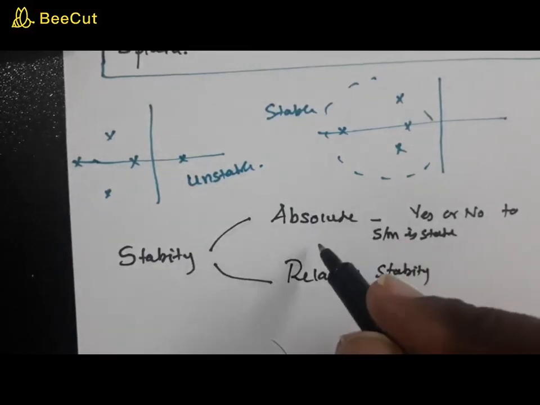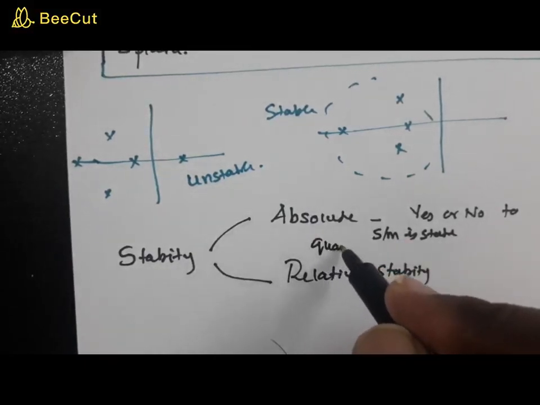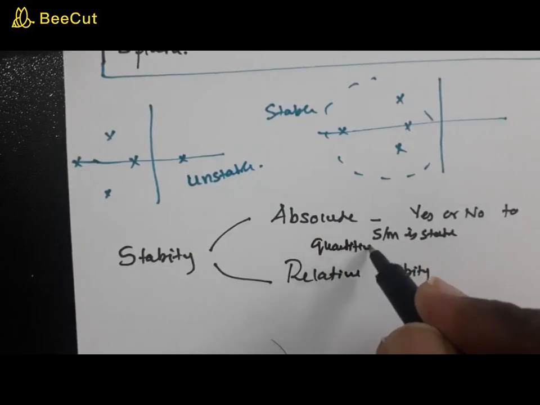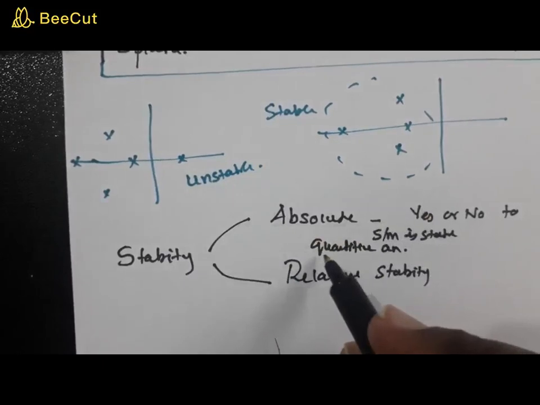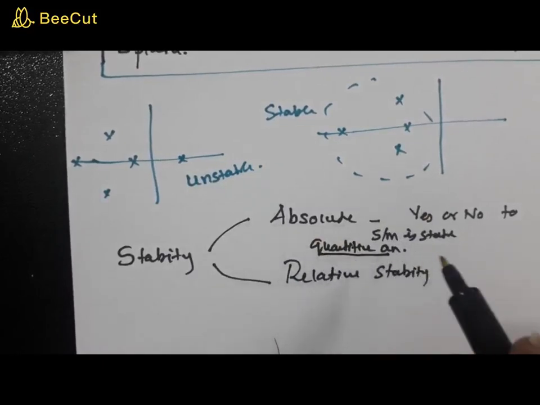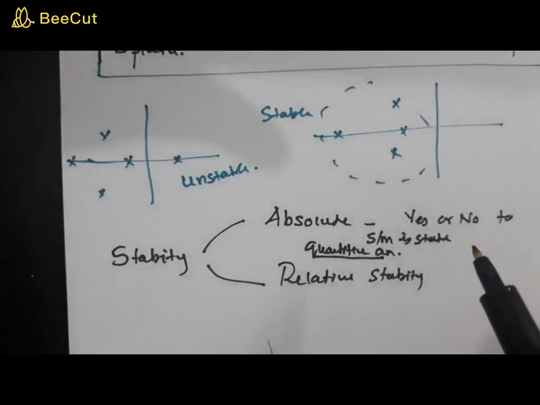So this absolute stability can be considered a quantitative analysis, because it just gives you information on whether the system is stable or not.